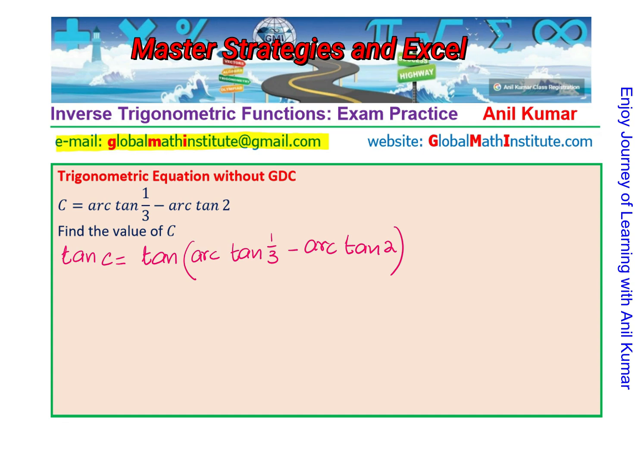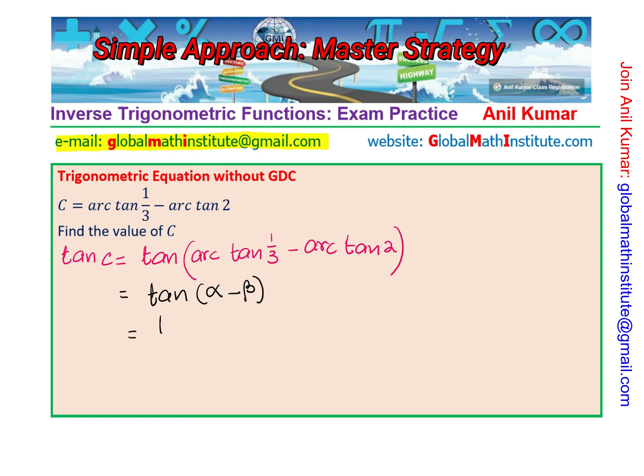So let's call them alpha and beta. So I could write this as tan of alpha minus beta. And you know the formula, which is tan alpha minus tan beta over 1 plus tan alpha tan beta.